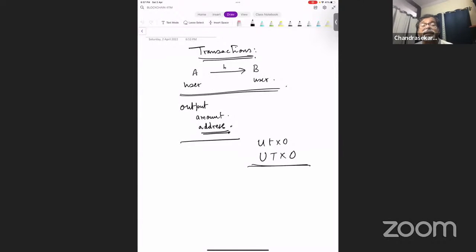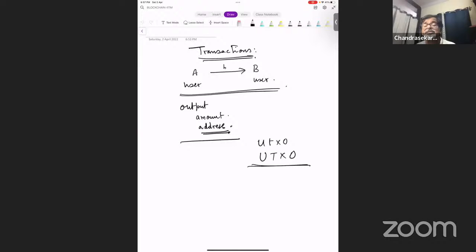It is going to create addresses: the double hash of the public key plus the checksum. That is the address.